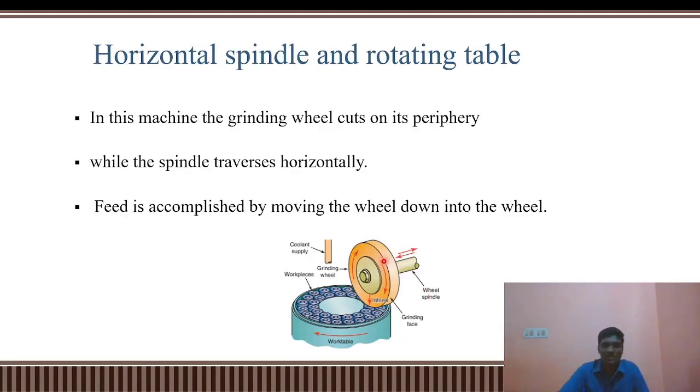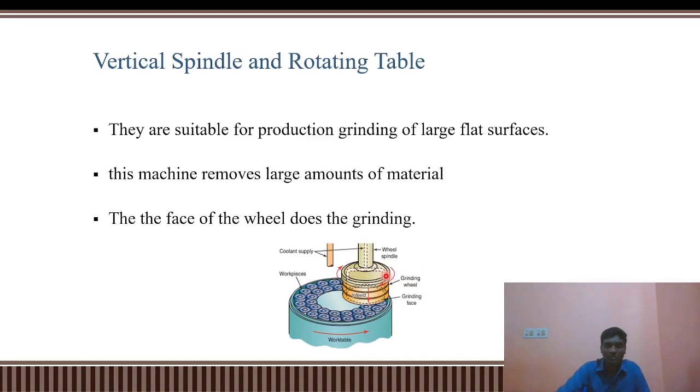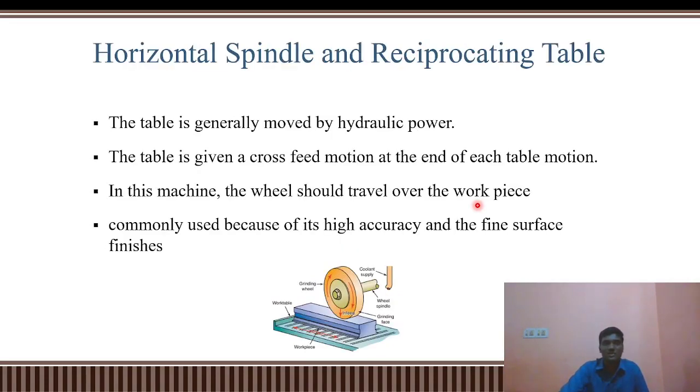Here the periphery is involved in metal removal, but in this case the face of the grinding wheel is involved in metal removal. So the large workpiece is involved over here. The basic thing is that while the surface area is large, the material removal rate is also large. So that is the thing on these vertical spindle rotating table machines.